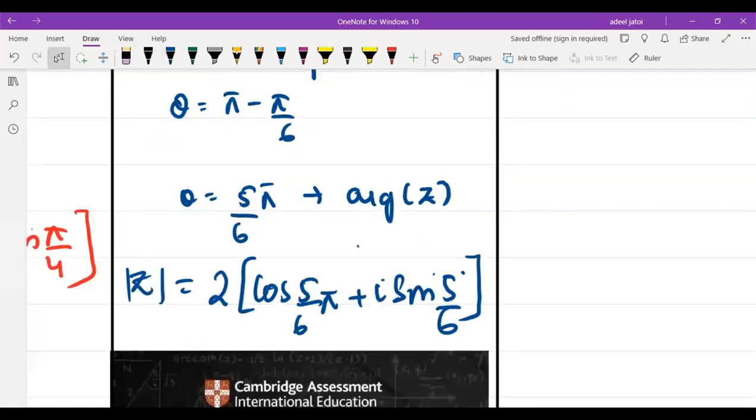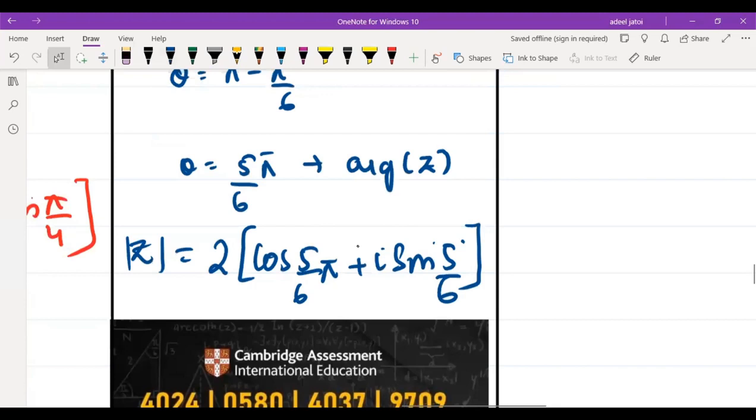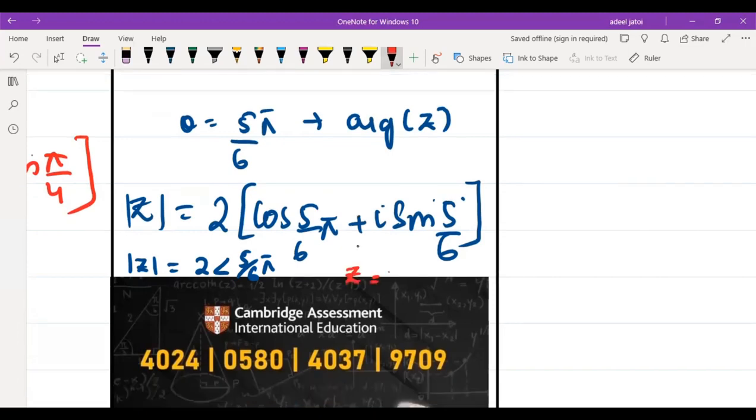Similarly, there can be your polar form and the exponential form as well. Your polar form will be Z is equal to 2 angle 5 upon 6 pi. And your exponential form will be Z is equal to 2 e to the power iota 5 upon 6 pi. So these are the three forms in which we need to give our answer.